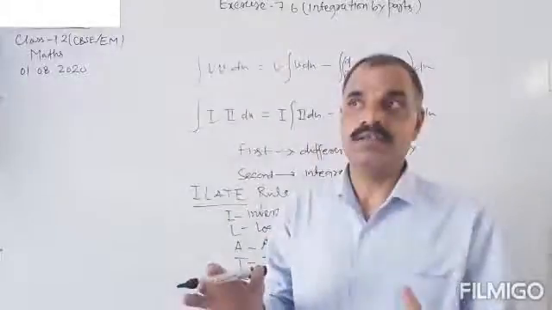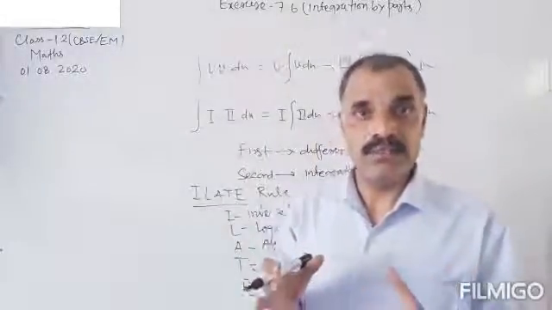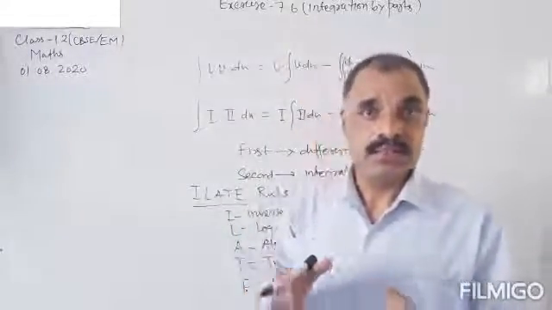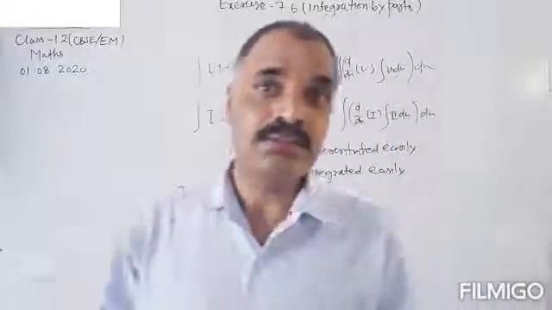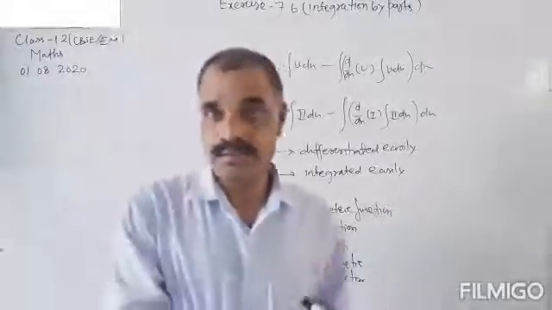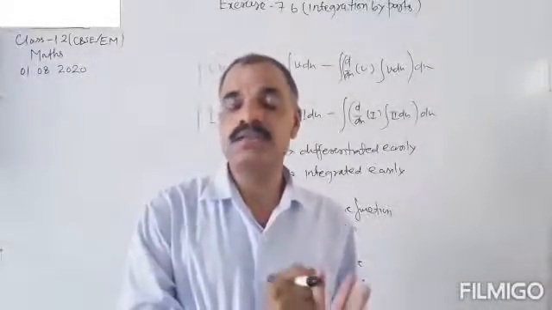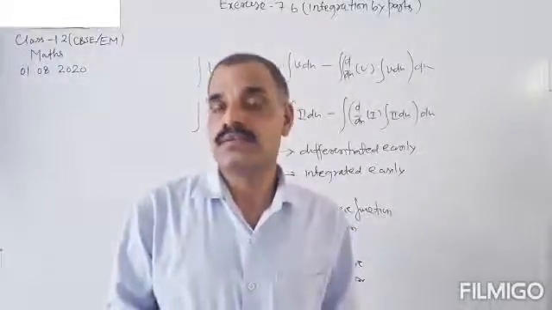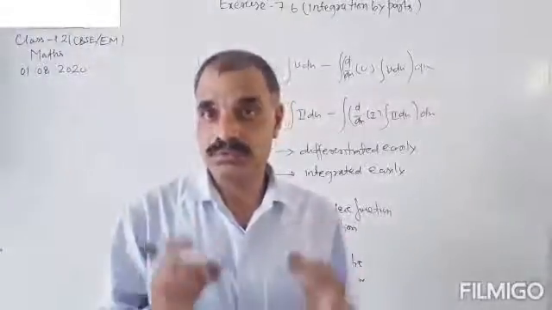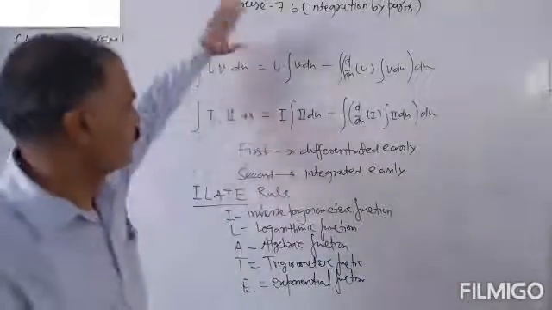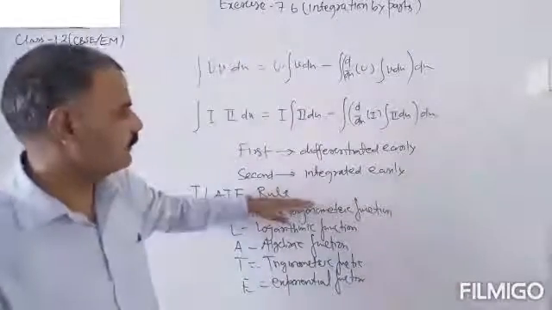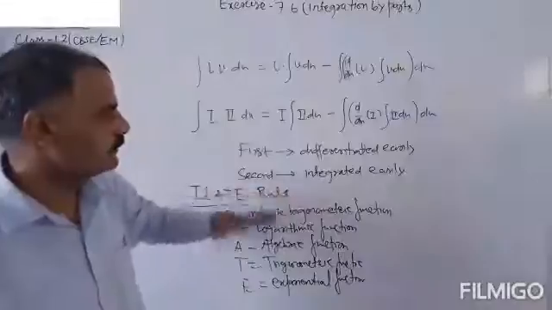The first function should be such that it is differentiated easily, and the second function should be integrated easily. So this is the main thing to choose the first function and the second function. So this is the formula and this is the trick for which one is the first function and which one is the second function.